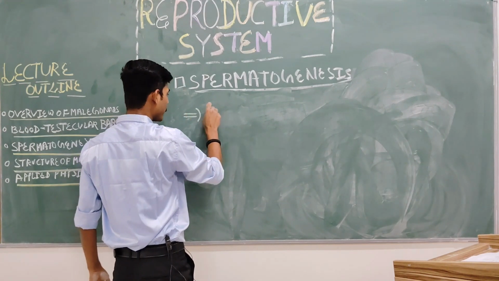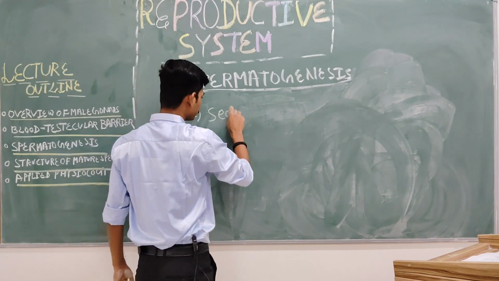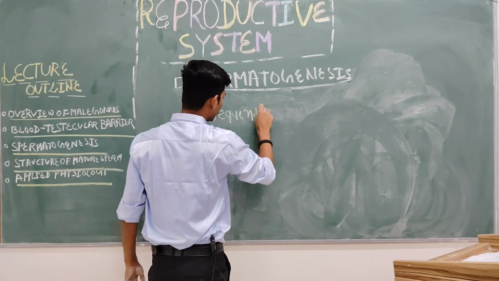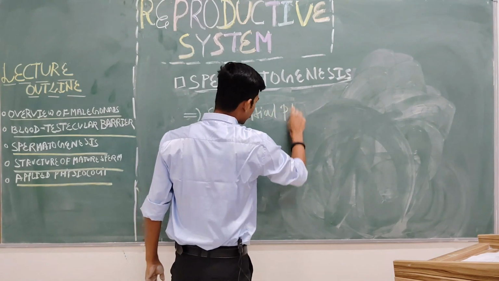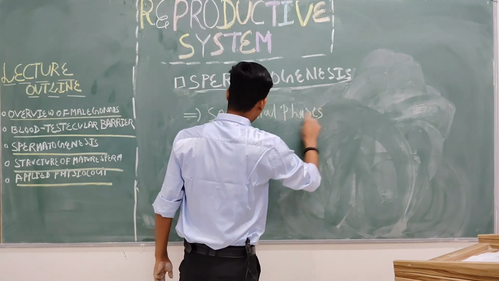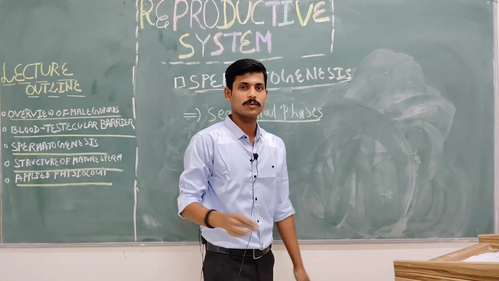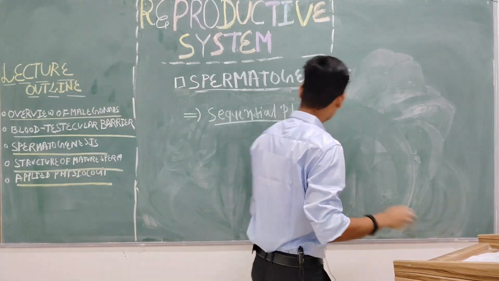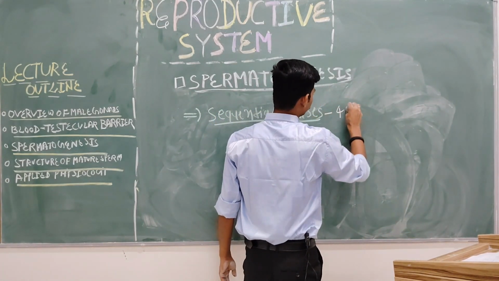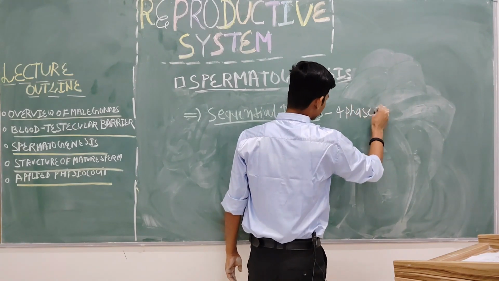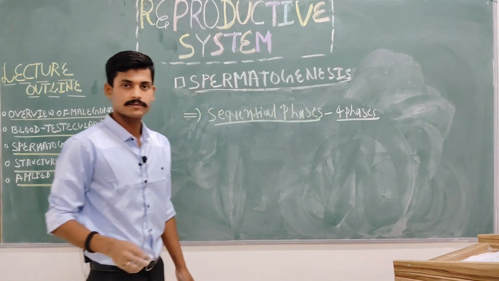Under the sequential phases, write it down. Now you don't have to worry too much. It's only 4 phases. What are those 4 phases?